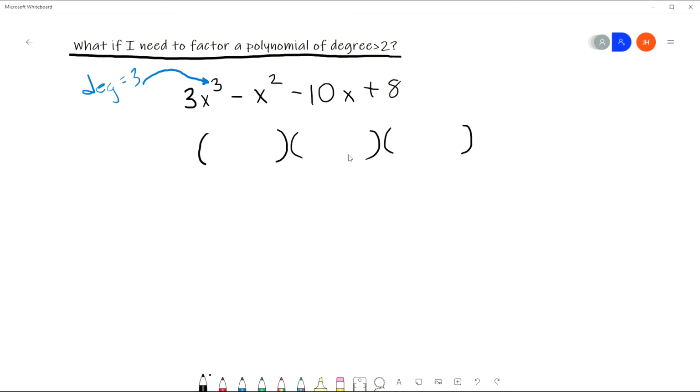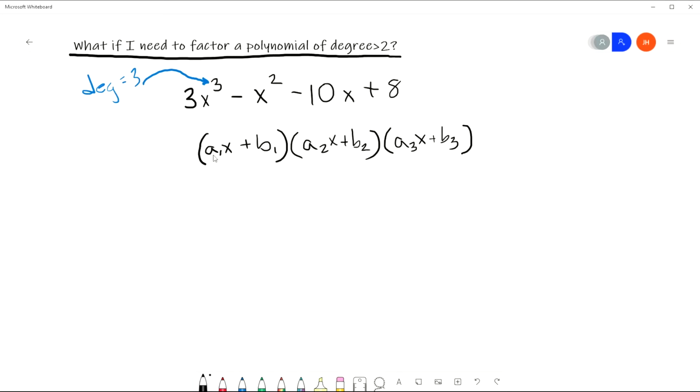Factors of a polynomial tend to be of the form a x plus b, right? This is what factors tend to look like. It's some x term and some number term adding or subtracting each other. I'm going to call this a1 and b1 just to distinguish them, because the next factor is going to be a2x plus b2 and then a3x plus b3.